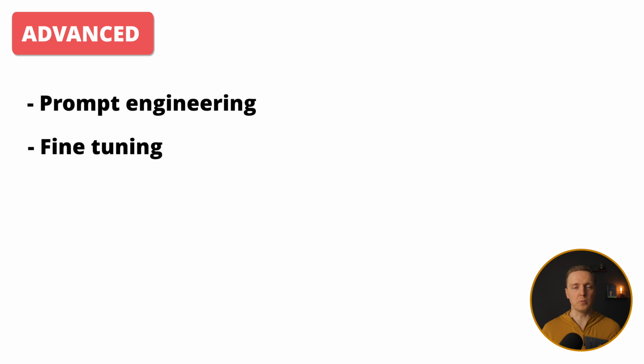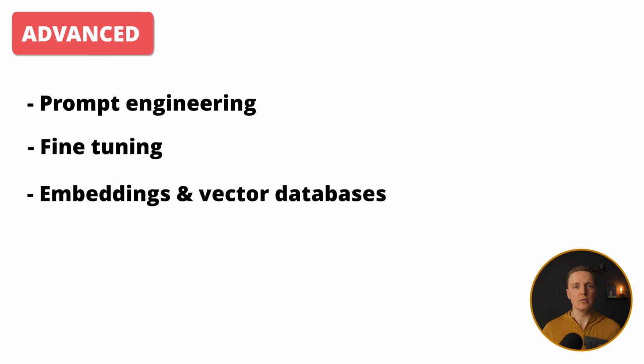Like for example, you are working in a company with some internal data and you want to make an internal LLM with all knowledge about this company. You also need to learn embeddings and vector databases, so you know how to store or retrieve information from them. Also, you need to learn what are context windows, what size you are getting for inputs or outputs of different models, and what type of data each model accepts.